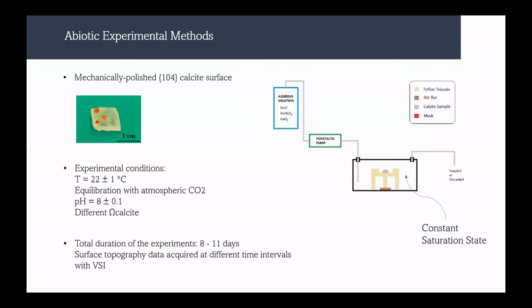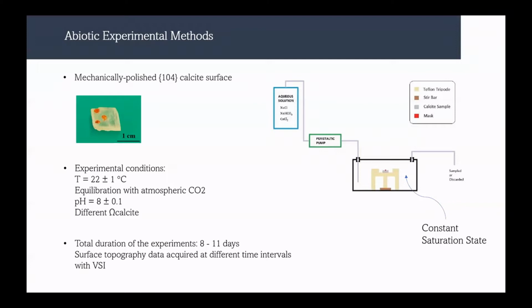The VSI is vertical scanning interferometry. It is an instrument for acquisition of topography images. To give an idea of the scale, the vertical resolution is sub-nanometer.